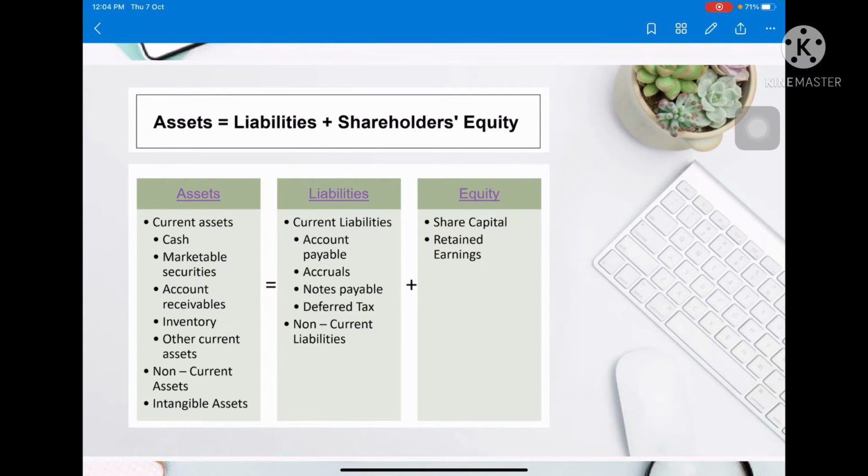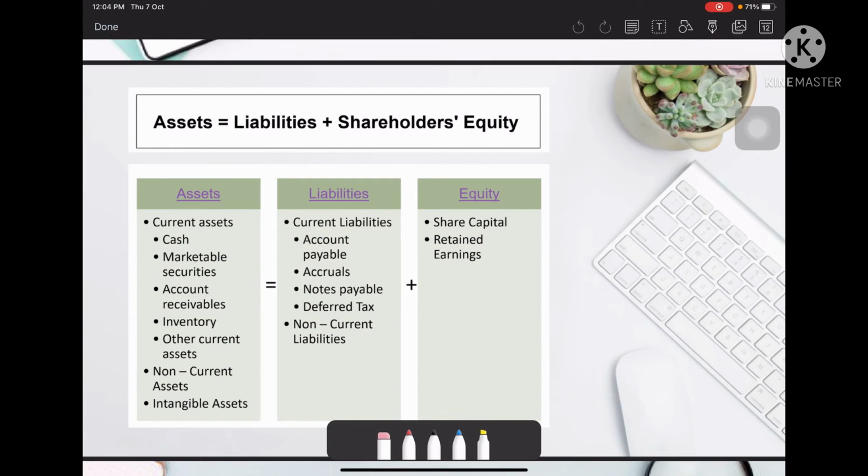Alright, so as you can see, the statement of financial position or the balance sheet is derived from the accounting equation, that is assets is equal to liabilities plus shareholders' equity. The first column is the assets, which comprise of current assets, non-current assets, and another one, intangible assets.